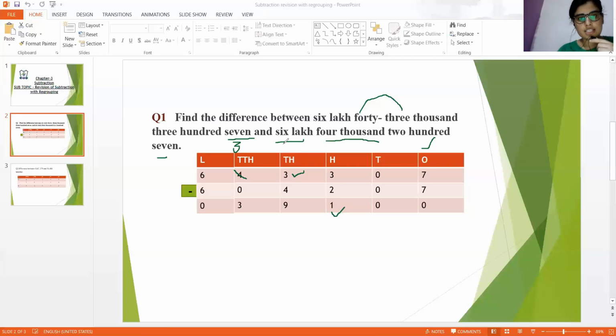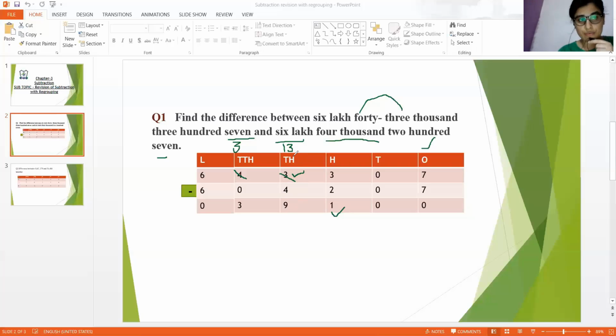So we will write here 1 in thousands place, and after 1 we will write 3, because at thousands we can see we have 3. So we will write here 13. We will cut 3 from here. Now take away 4 from 13.